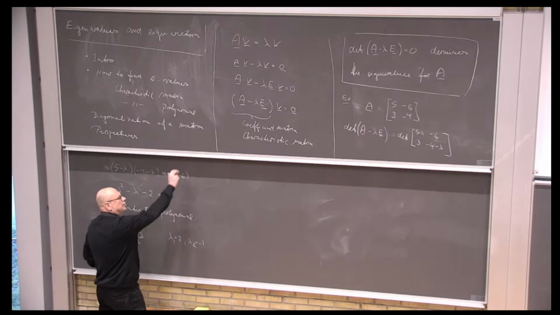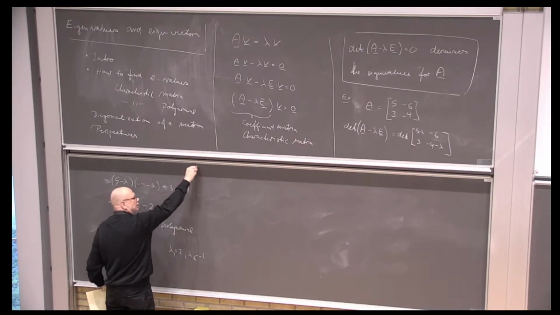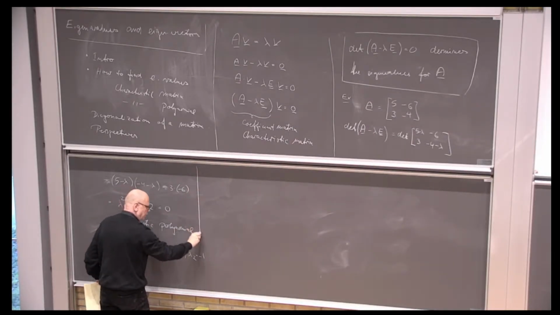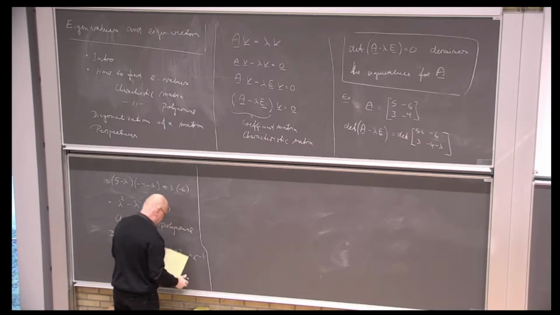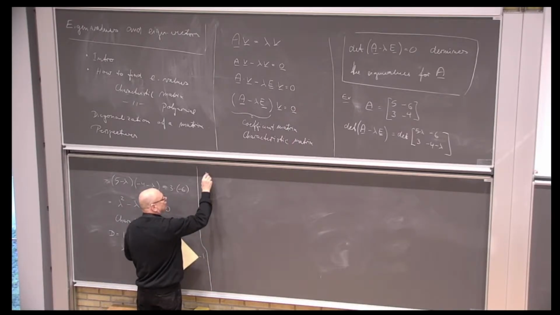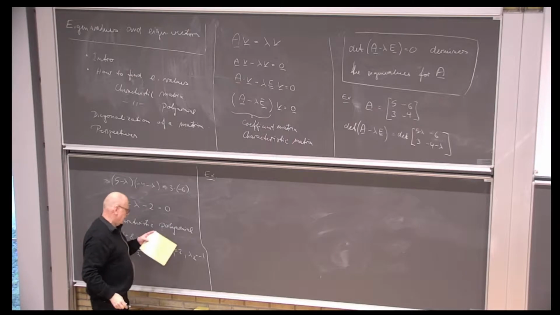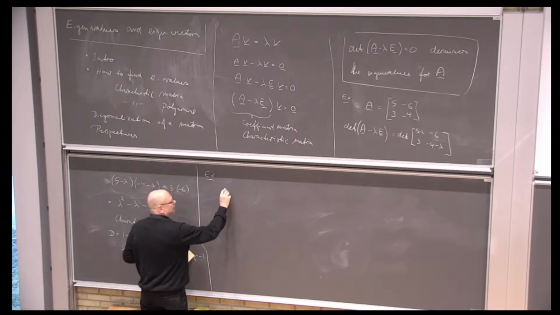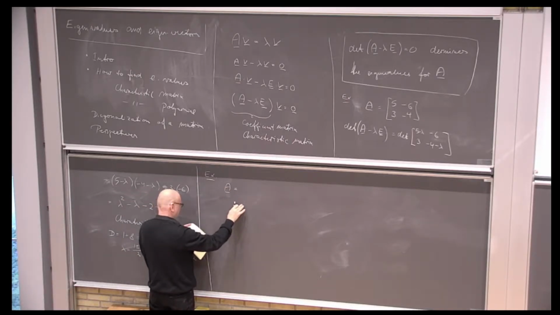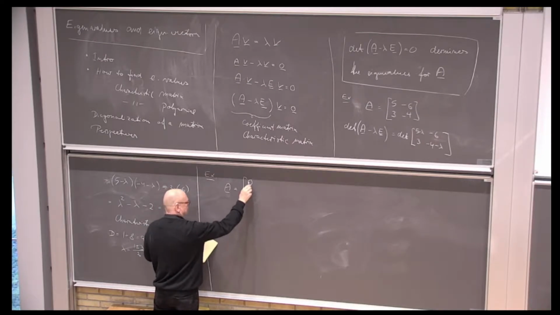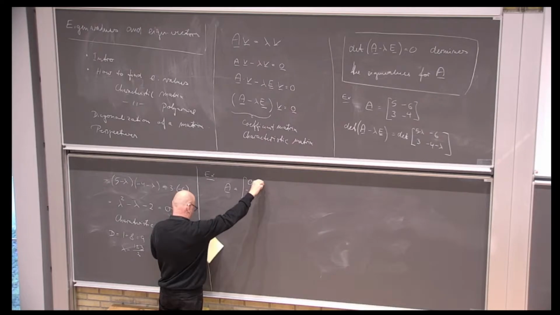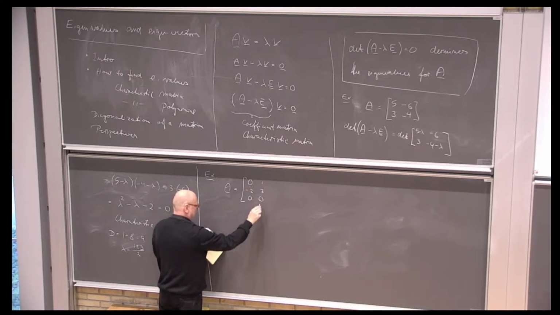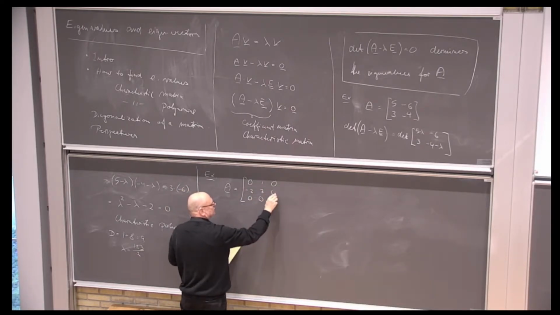Let me take a little more evolved example. I take now a 3 by 3 matrix: 0, -2, 0, 1, 3, 0, and then 0, 0, 1.